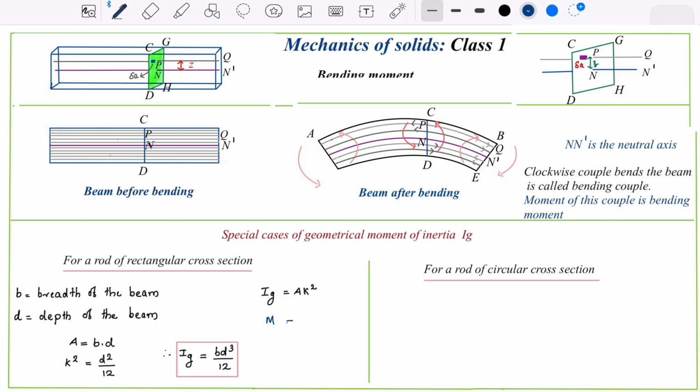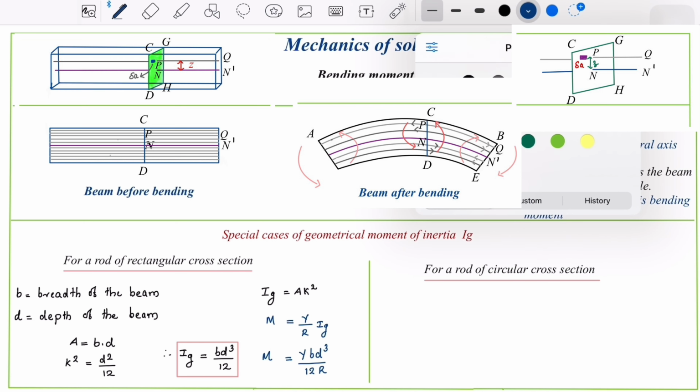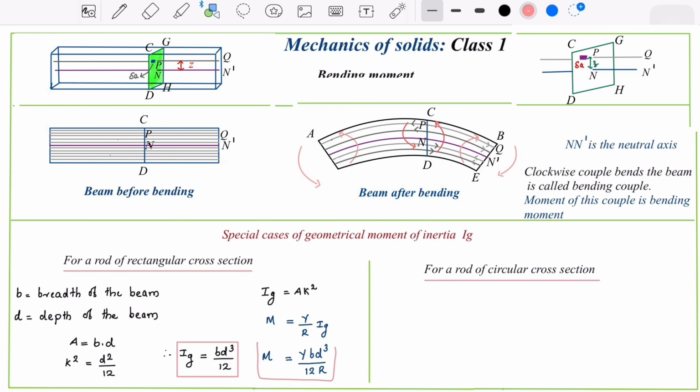Bending moment M is equal to Y by R into Ig, that is Y by R BD cube by 12. That is, M is equal to Y BD cube by 12R.